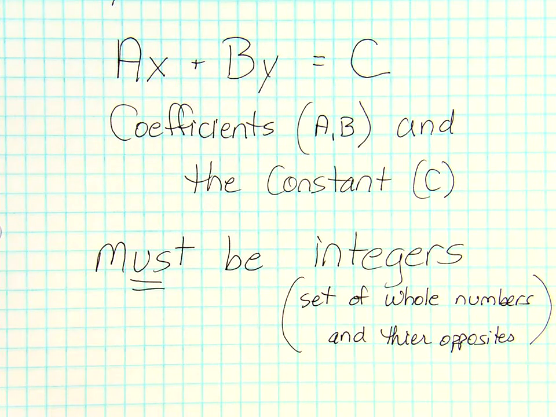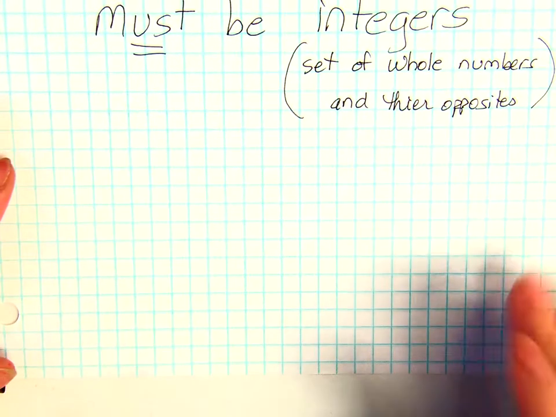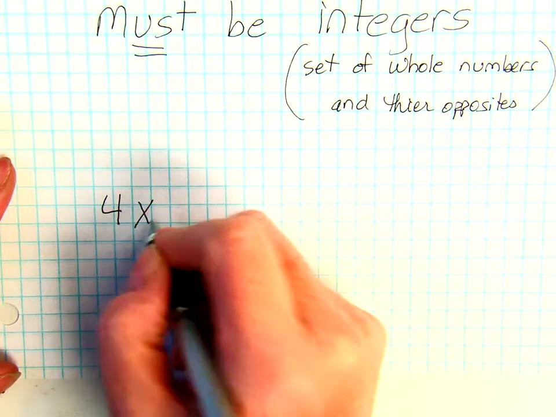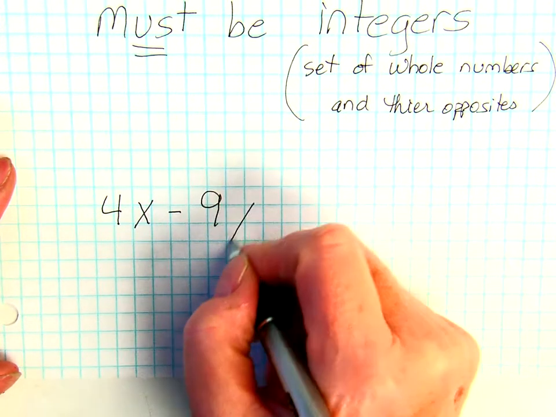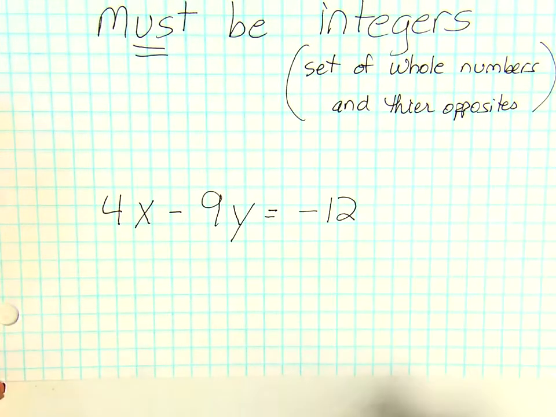So what we're going to look at first is what it looks like and how to use it. Let's say we have an equation that is 4x minus 9y equals negative 12.